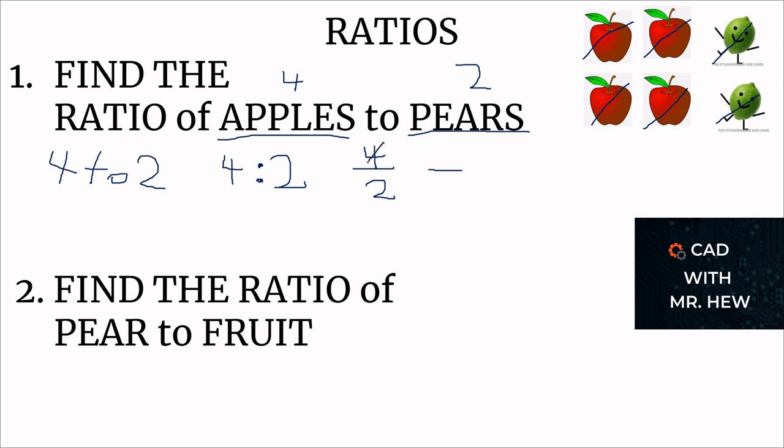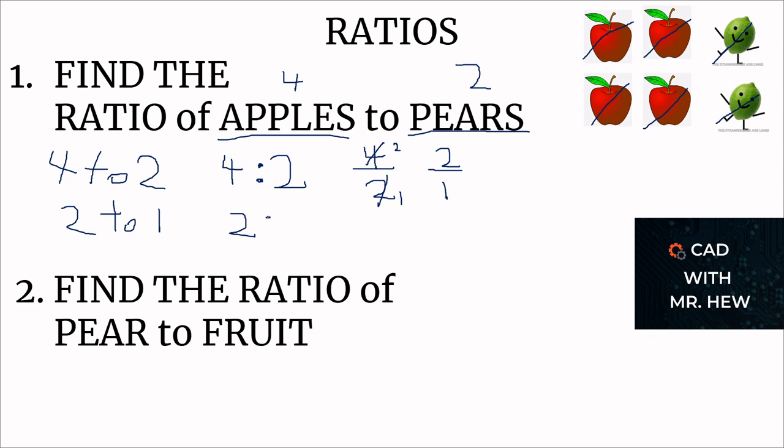So 2 into 4 is 2, and 2 into 2 is 1. So we have 2 upon 1. Okay? So another way we could write it is 2 to 1, which is just a simplified ratio.